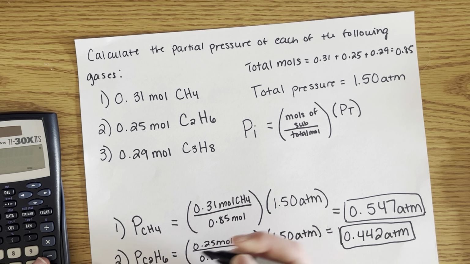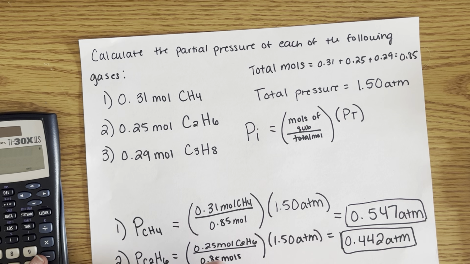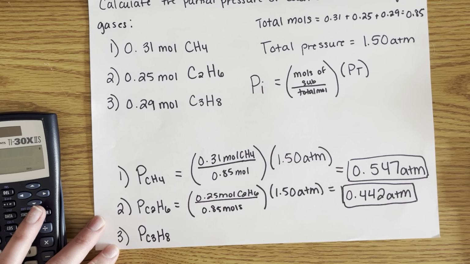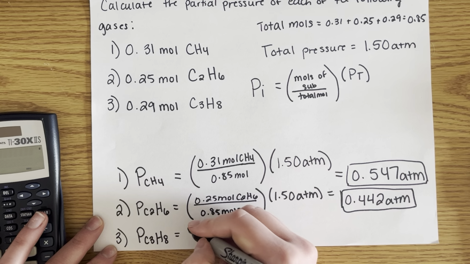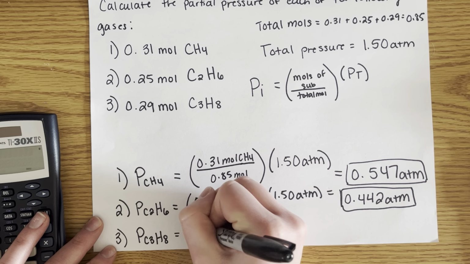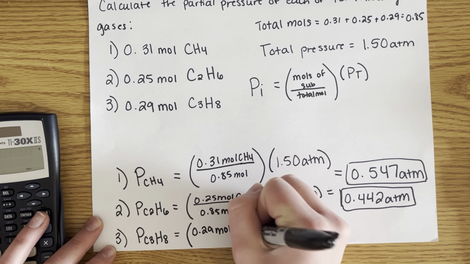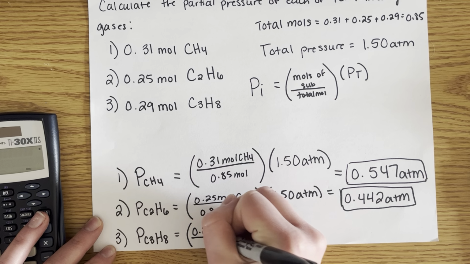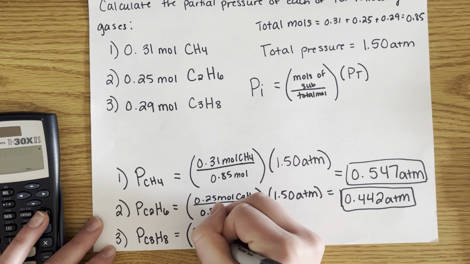And then number 3, we're on C3H8. So our substance is C3H8. Oh, shoot, can't even see it. Equals our number of moles, which is 0.29, over our total, which was 0.85.